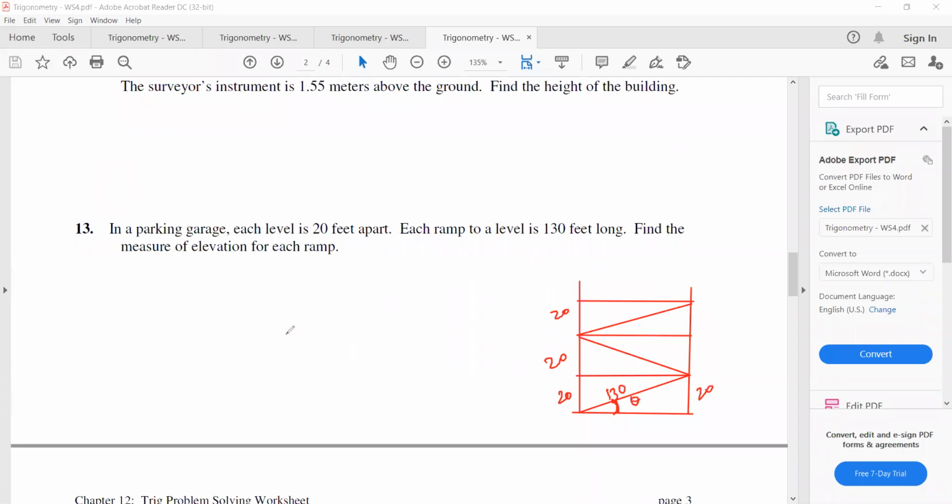Opposite and hypotenuse are related with sine. Sine theta equals 20 on 130. So theta equals sine inverse of that, and the answer is eight point something.